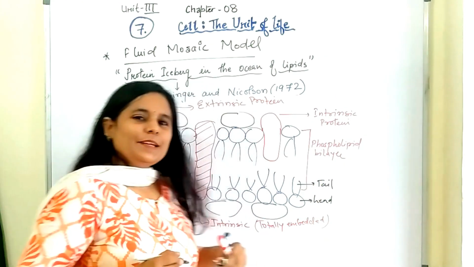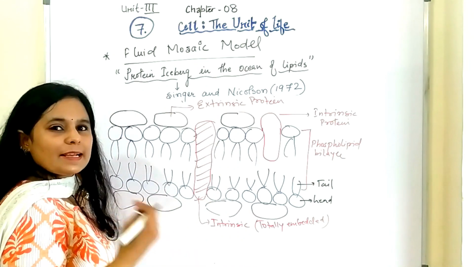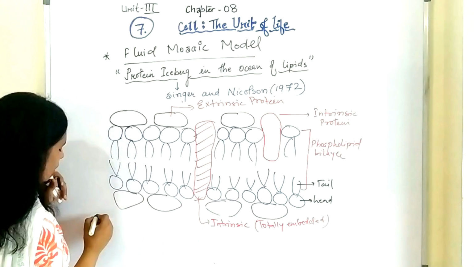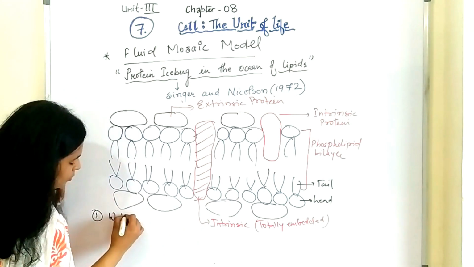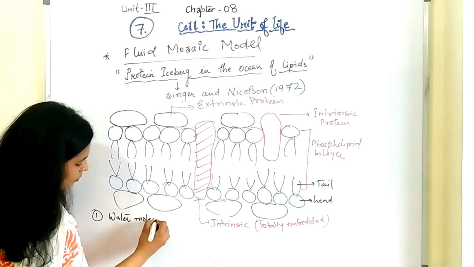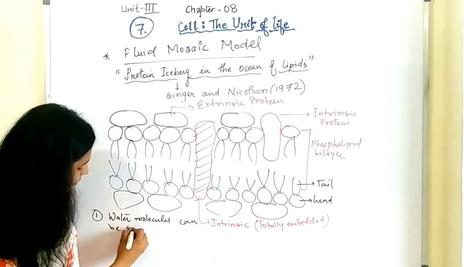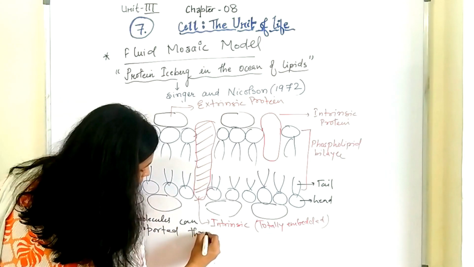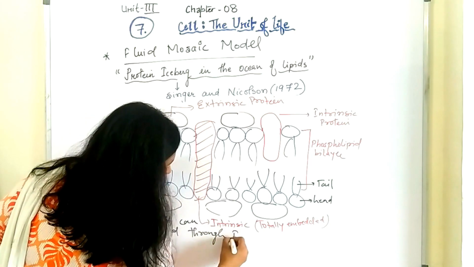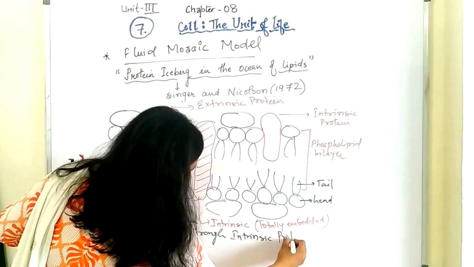Okay, now let's talk about why this fluid mosaic model was most acceptable model. So number one is water soluble molecules can be transported through intrinsic proteins.